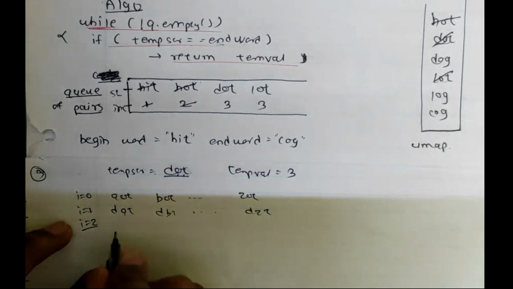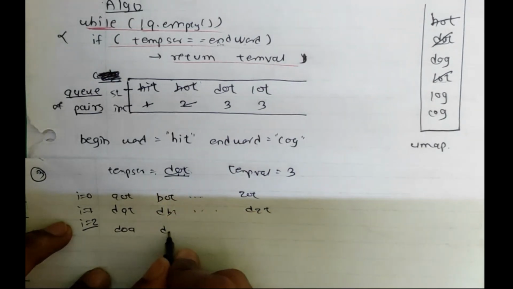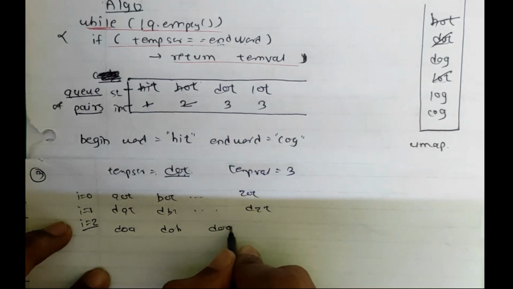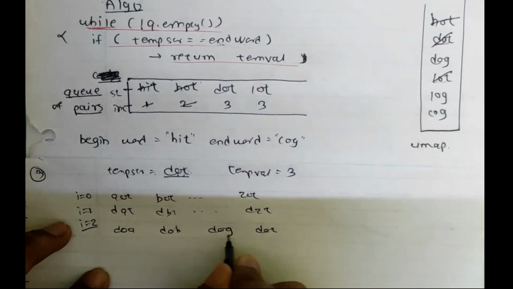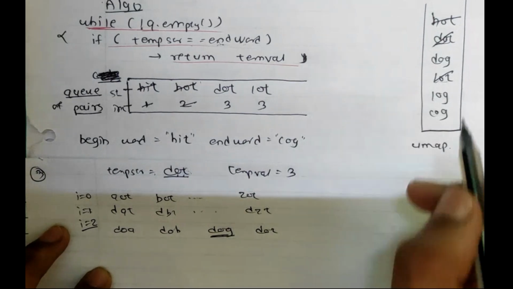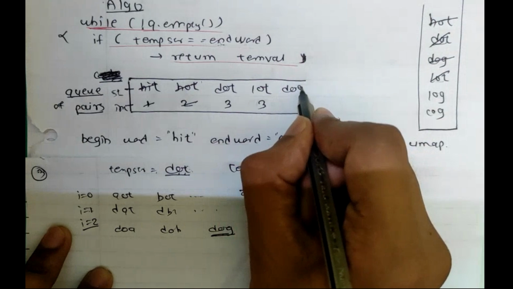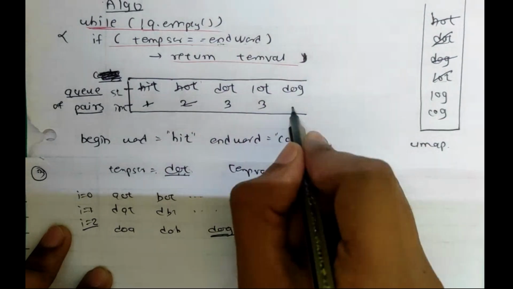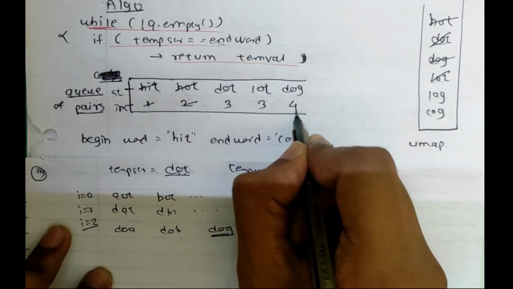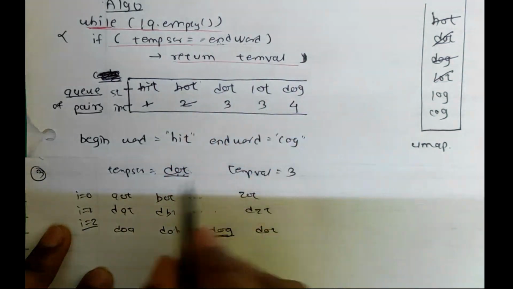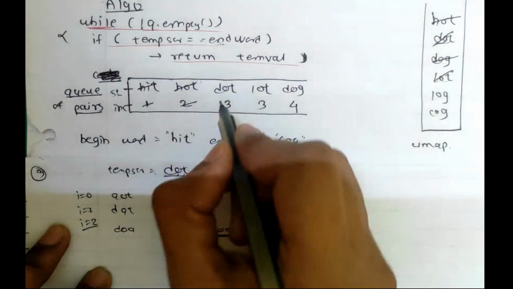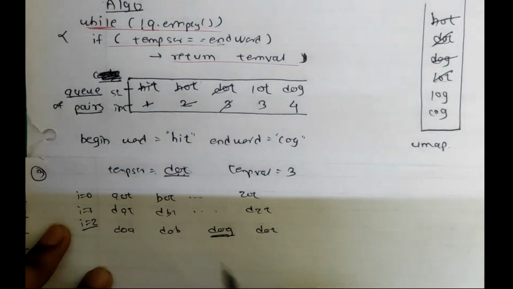So this will get changed. So DOA, DOB, DOG, DOZ, and DOG is found. So this will get erased and added here with the increment in temp val, which is 4. After checking the value, this will get popped.